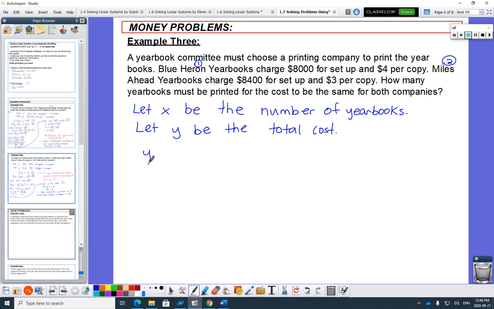So we have the total cost is going to be, the base price, or the setup cost, is $8,000, the registration fee, whatever, and $4 per yearbook, versus $8,400 but only $3 a yearbook.